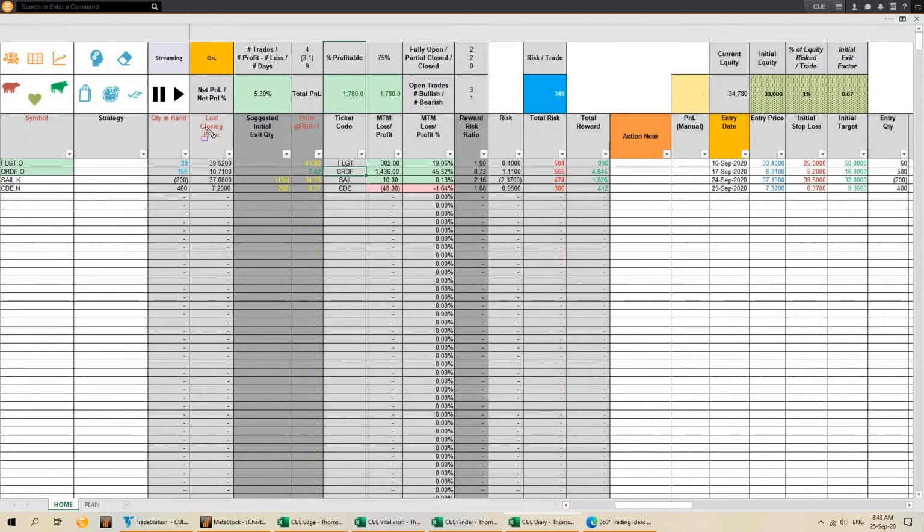It's going to color this cell in a different color. If it is hitting stop, it will show in red color. If it was hitting my profit target, then it is going to change to green color. So the last closing price also updates based on whether stop or target is hit.